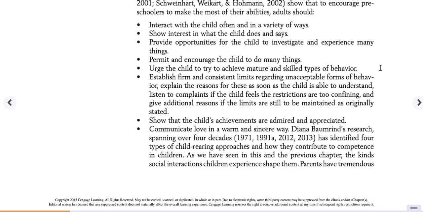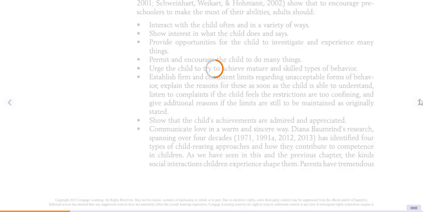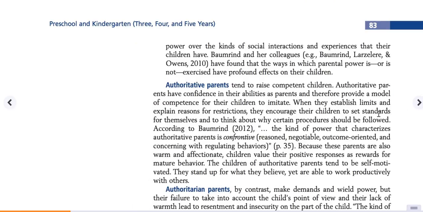As we have seen in this and the previous chapter, the kinds of social interactions children experience shape them. Parents have tremendous power over the kinds of interactions and experiences that their children have. Baumrind and her colleagues have found that the ways in which parental power is or is not exercised have profound effects on their children.